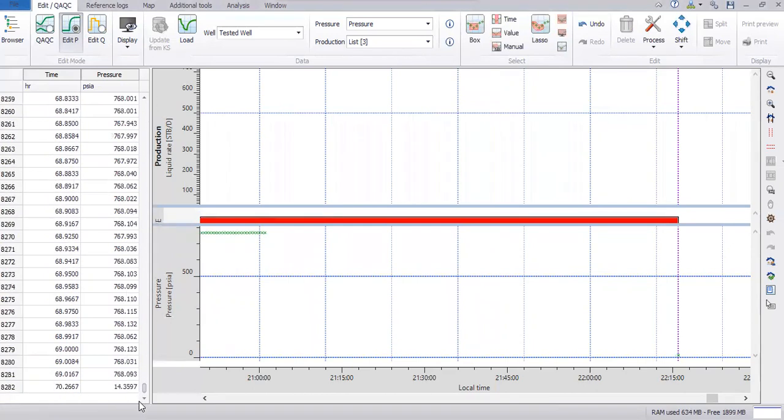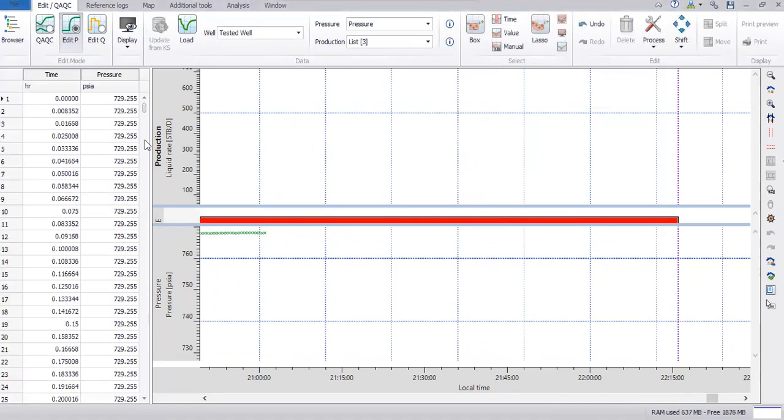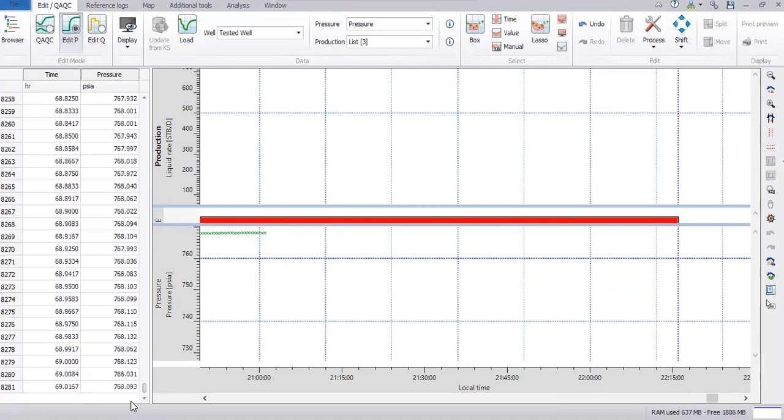Lastly, this one, delete. Okay, so the last point will be at this one. Okay, let me take that.